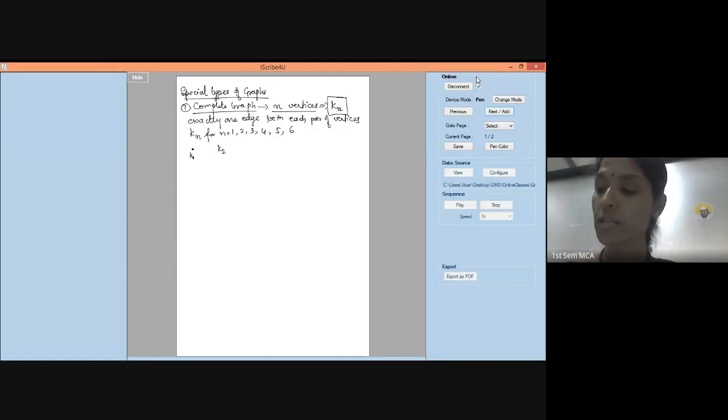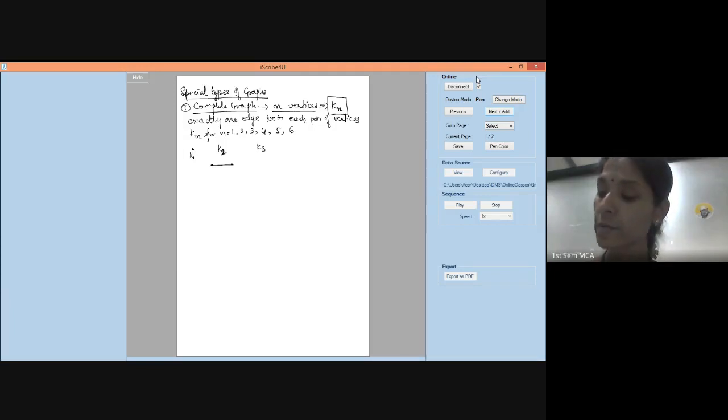N stands for the number of vertices, and there should be an edge between every pair of vertices. So I should have 2 vertices, and there should be one edge between them. This is a complete graph for K2.